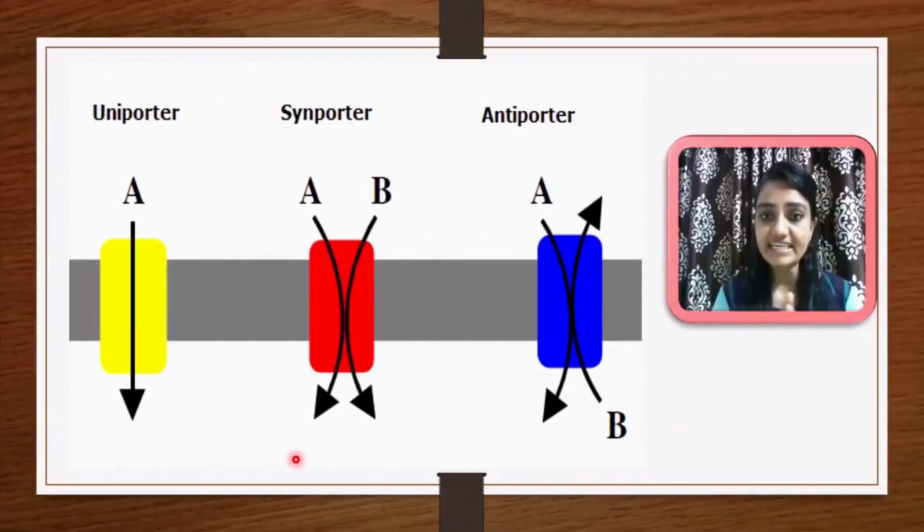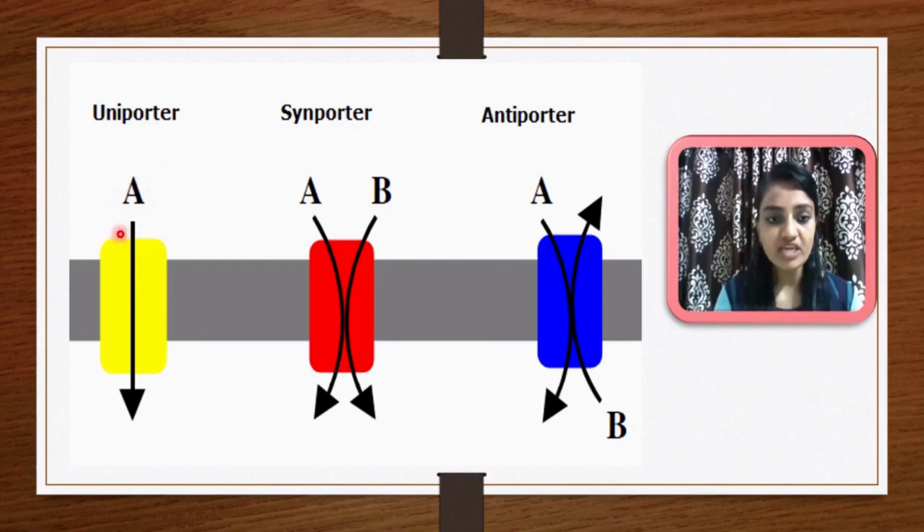Facilitated transport, or protein mediated transport, can be divided further into three groups: uniport, symport and antiport. Let me differentiate between these three. Uniport is the facilitated transport in which one molecule is transported across the membrane using a protein.